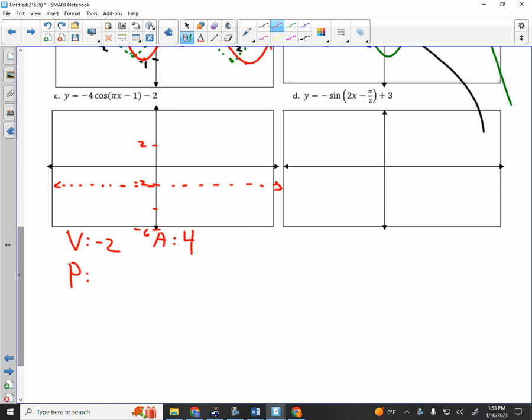What is the period? 2 pi divided by pi is equal to 2. So I'll mark off 2. Divide it in half to get 1. 1/2. 3/2.